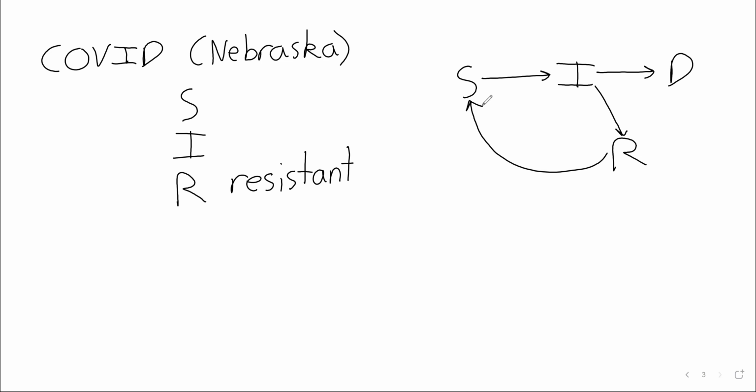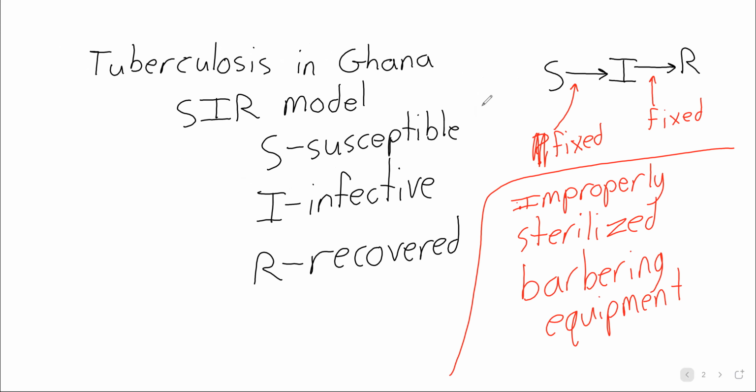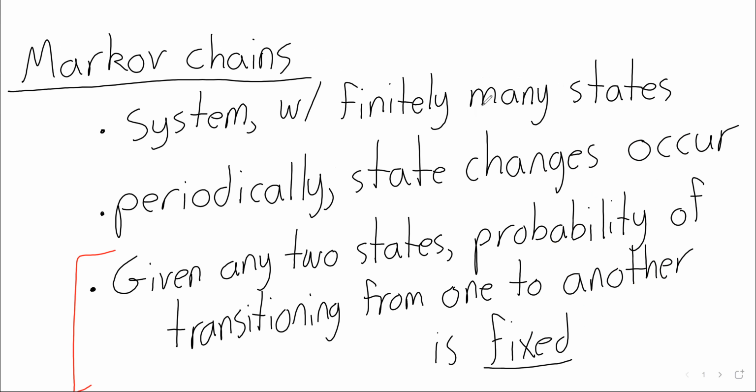Well, this seems very similar to this, and it certainly satisfies two of these conditions that I have on the whiteboard. There are finitely many states. Again, the periodic transitions are a little artificial, but you look at somebody's health at the end of every day.